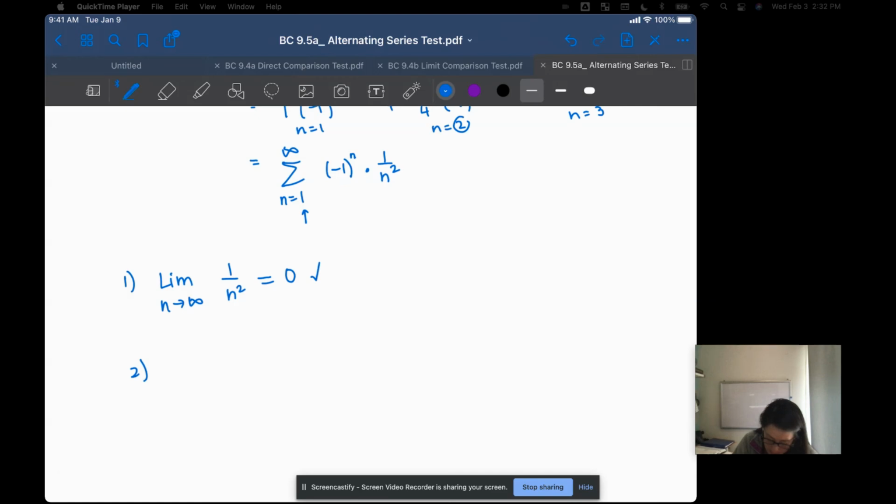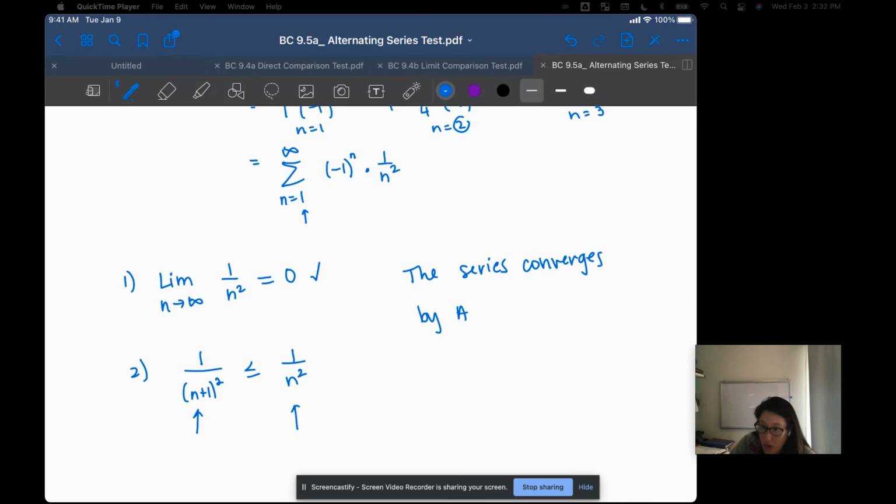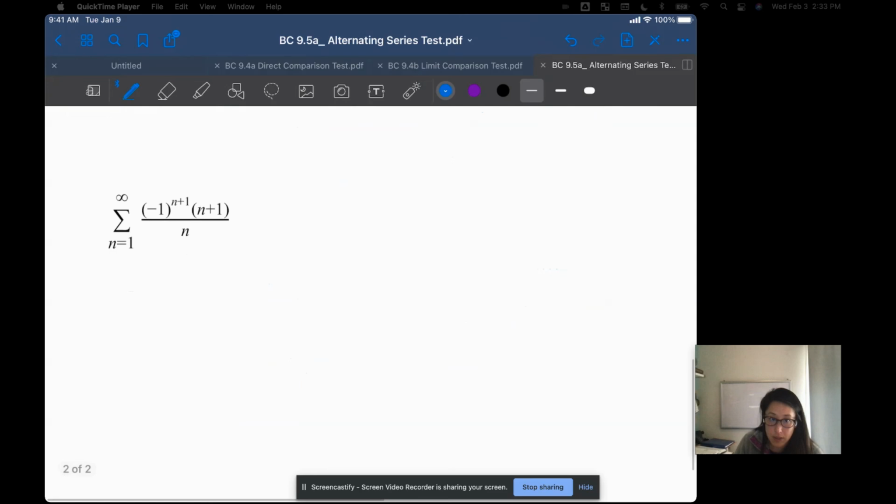The second thing I need to test is that 1 over n plus 1 squared is going to be smaller than or equal to 1 over n squared. 1 over n plus 1 squared is smaller than just n squared, so the series converges by alternating series test. All right, last one for real this time.